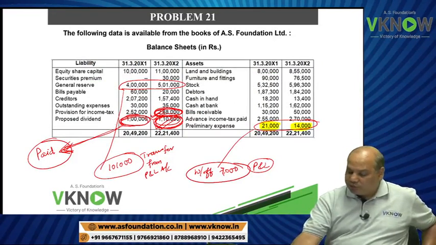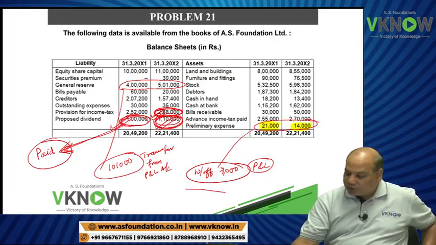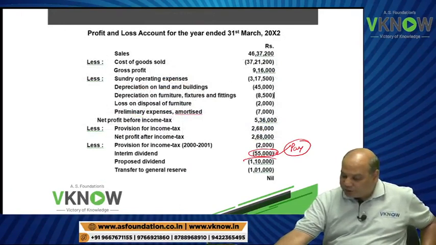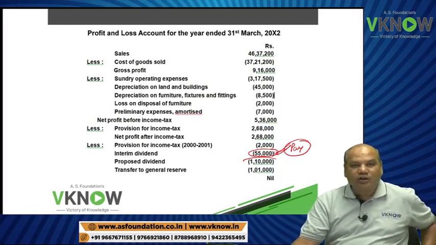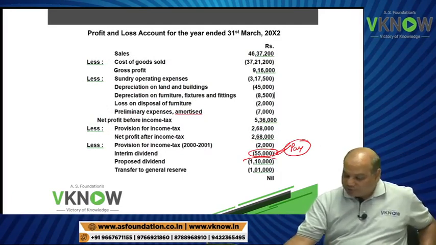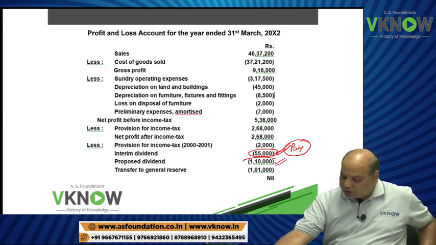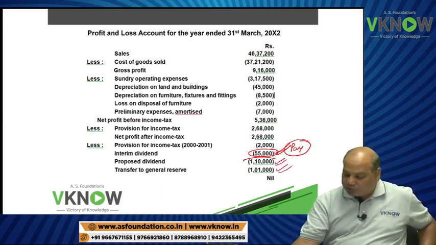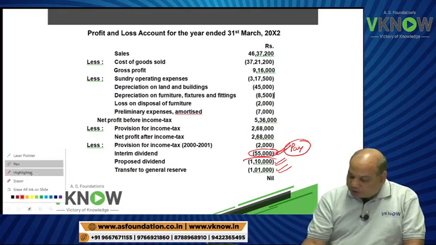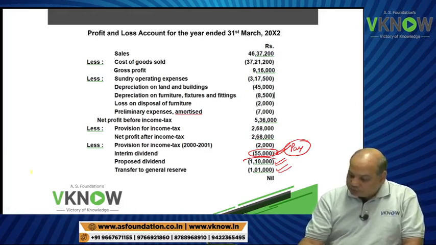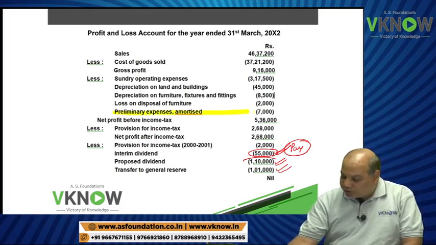So total dividend paid is 1 lakh and interim dividend 55,000. Total dividend paid is last year proposed dividend and current year interim dividend. This is already appearing in balance sheet. So once again, those items which are appearing as a contra, we are not going to do anything.